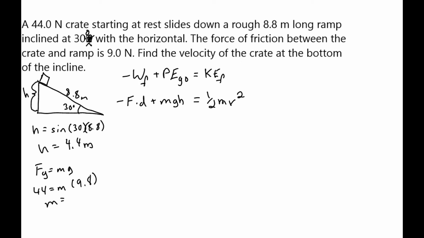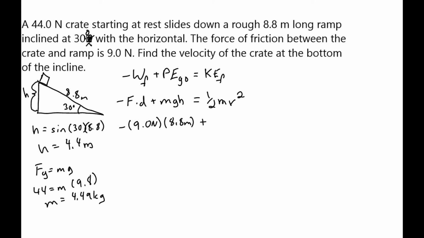And what do we get for the mass of the crate? 4.49? So 4.49 kilograms. Now we just substitute into this equation. So we get negative 9.0 newtons. What's the distance the force of friction goes through? 8.8 meters.